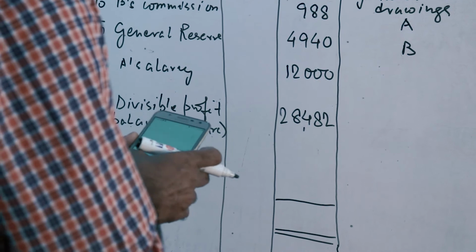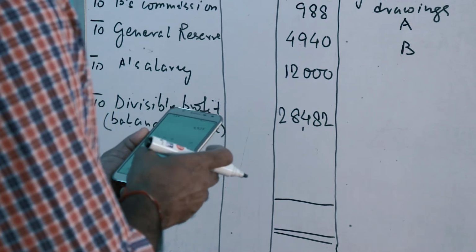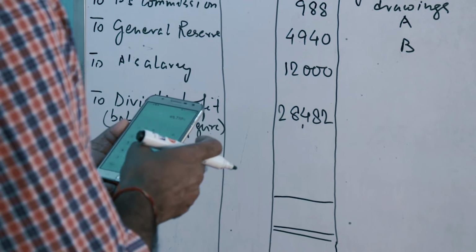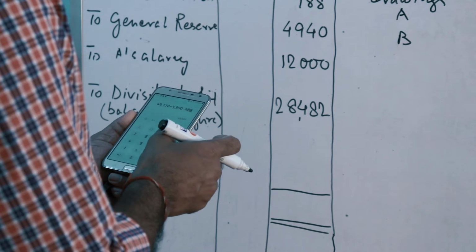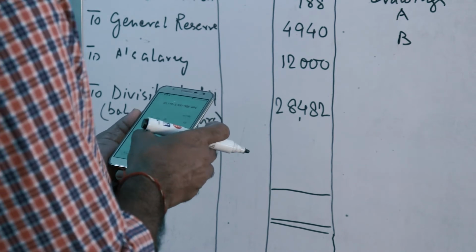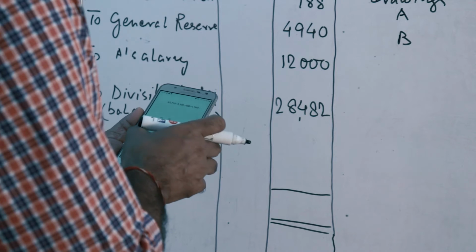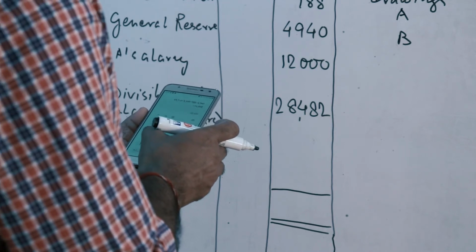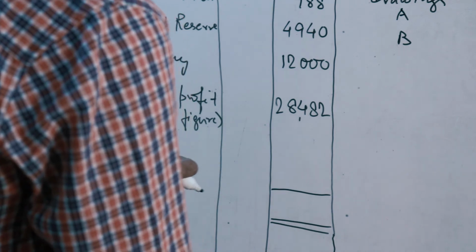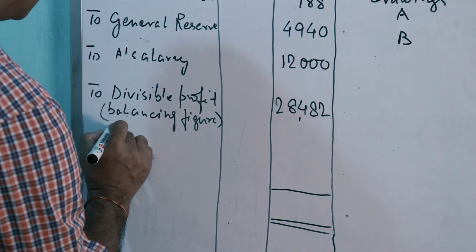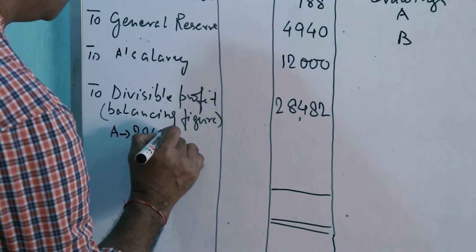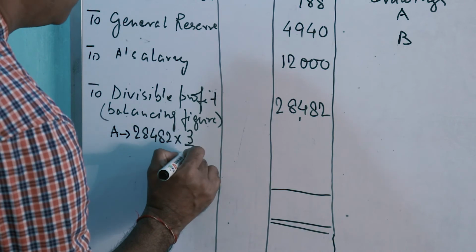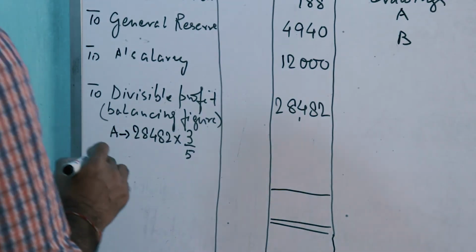Total is 49710 minus 3300 minus 988 minus 4940 minus 12,000. Let me check it. 28482, right? So here we get 28482 into 3 by 5. 3:2 means 3 by 5 and 2 by 5.